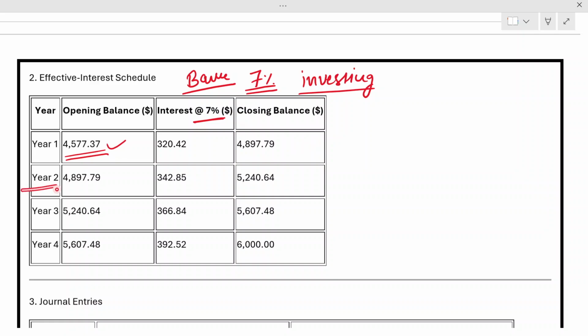In the second year's beginning, you have the same amount in your bank account. Again you get 7% interest, which turns into $342, and your closing balance becomes 5,240. Then this 5,240 sits in your bank at the beginning of the third year, and you again get 7% interest.